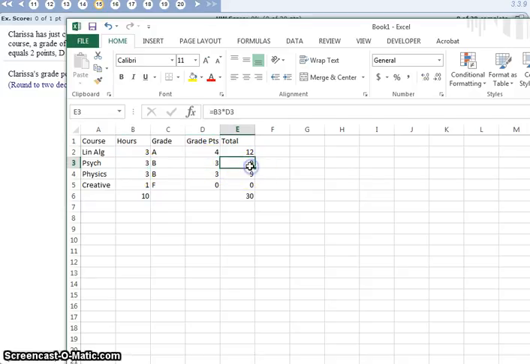So multiply again, you get 9. If you have a 1-hour course and you get an F, you're going to do 1 times 0. That's 0 towards your total. So then sum all that up. You have a total of 30 points and 10 credit hours. So you just do 30 divided by 10, and you get 3. A 3.0 is her grade point average, and that's number 15.